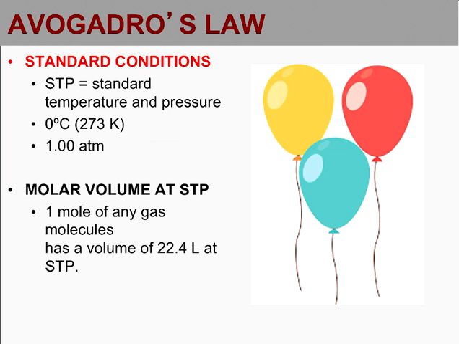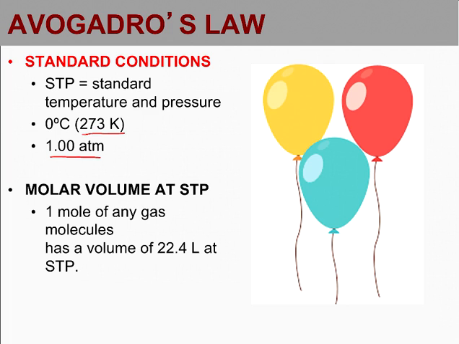Now, the temperature and pressure that we saw on the last slide, so the pressure was 1 atmosphere and the temperature was 273 Kelvin. Those are what we call standard conditions. So we abbreviate that as STP, which stands for standard temperature and pressure.